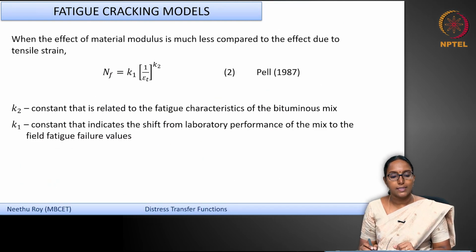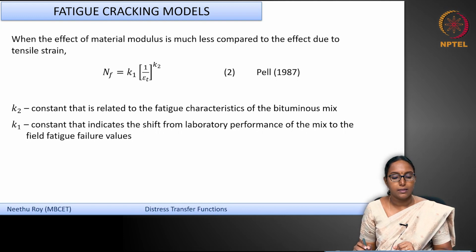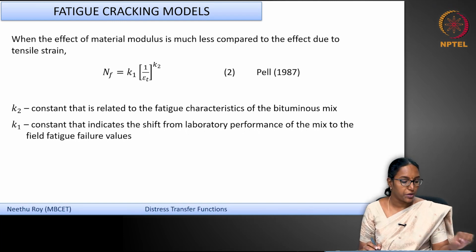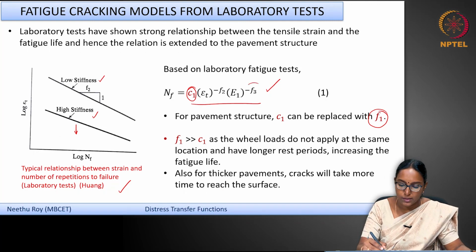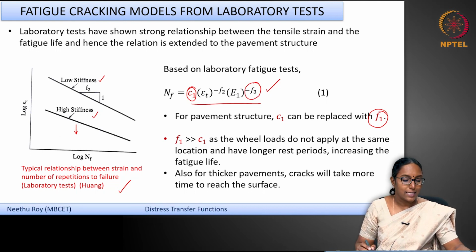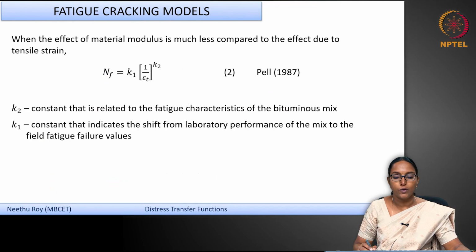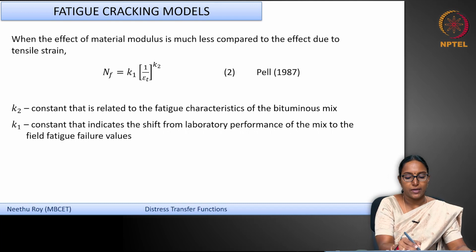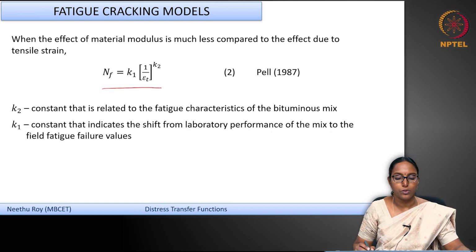Sometimes in certain studies, for example by PEL, the effect of the material modulus is neglected because it is found that the coefficient corresponding to the material modulus, that is this F3 coefficient, is small compared to F2. That is, the influence of material modulus on this expression is less, so it can be neglected. So PEL has given a general equation as NF is equal to K1 into 1 by epsilon T raised to K2.